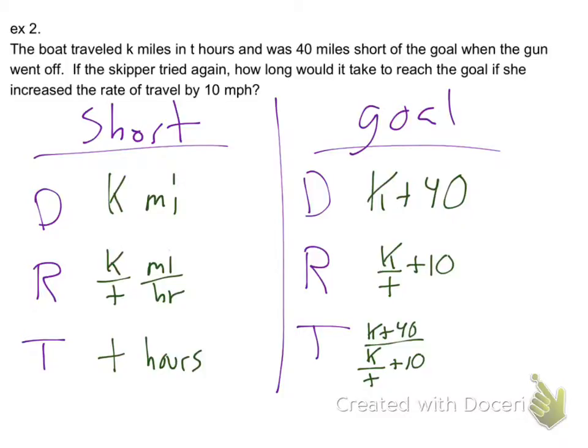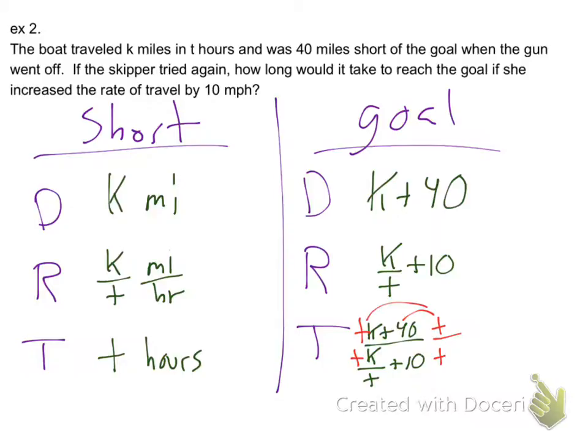The complex fraction can be taken care of simply by multiplying the top and bottom, or everything, by T. Remember, you're multiplying it here and here, and it's distributed in. So this would be a T here and a T over here as well.